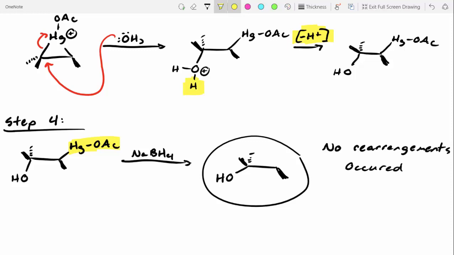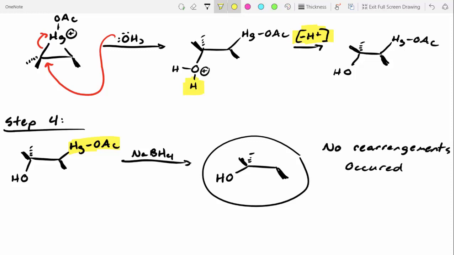And the only way they were able to do this was through a mercuration reduction reaction. So the first step is adding in that mercury and forming your mercuranium ion. Then you do an SN2 style attack, ring open it, and then you have to get rid of that mercury in the end to get to your final alcohol product. It's kind of roundabout, I know, but it's one of the only solutions available to that problem.